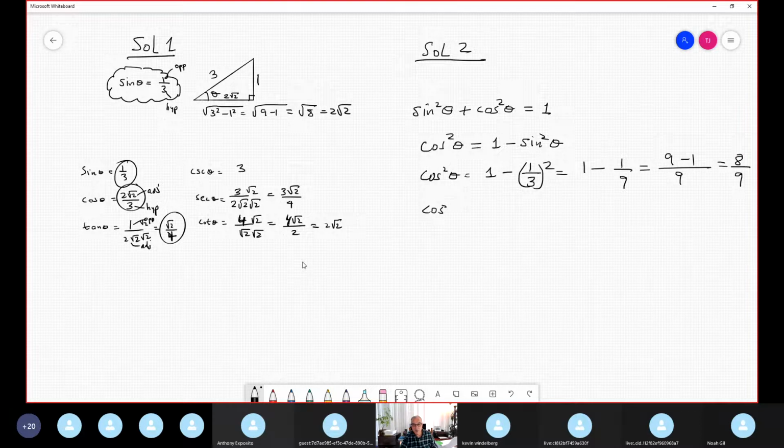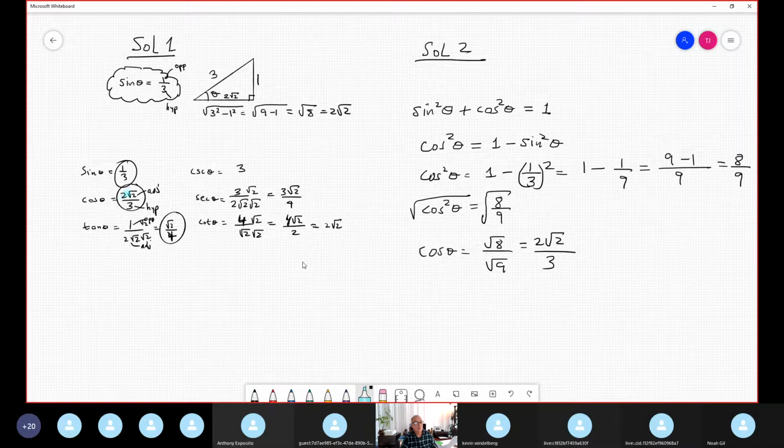Cosine squared theta is 8 over 9. Now take the square root of both sides because I need cosine, not cosine squared. Square root of 8 over square root of 9. Square root of 8 is 2 radical 2, and square root of 9 is 3. Boom, we get the same answer. Look at that. Using triangle, Pythagorean, or identity, either way.